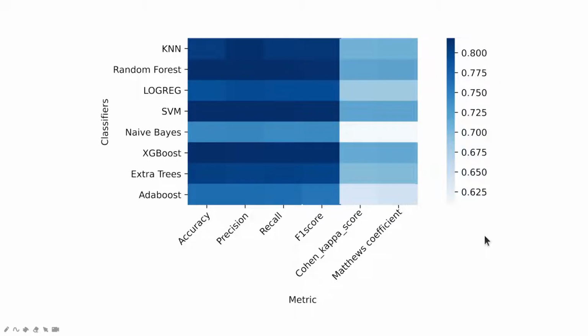If you are to look at the models that perform very well, what I see is XGBoost, SVM, and then random forest. Looking at the color scheme and comparing with the others, these are the ones with high scores, because a darker blue indicates a high score.